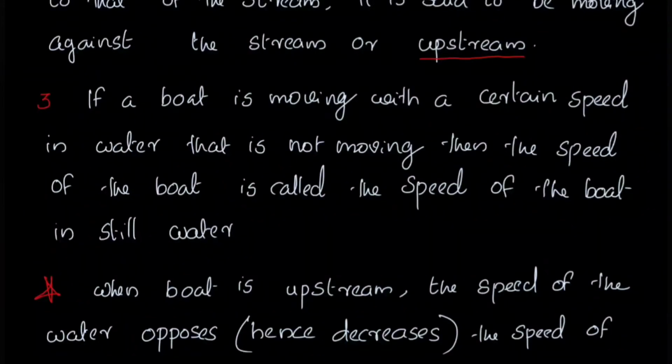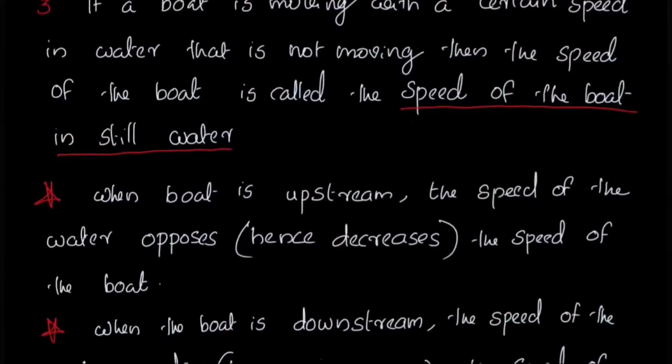If a boat is moving in water with zero speed, that is, the water is still and there is no flow of water in that stream, and the boat is moving with a particular speed, then it is known as the speed of the boat in still water.